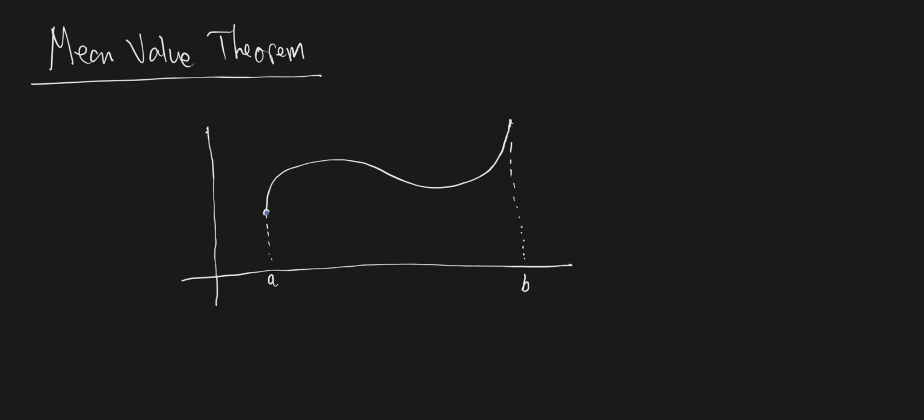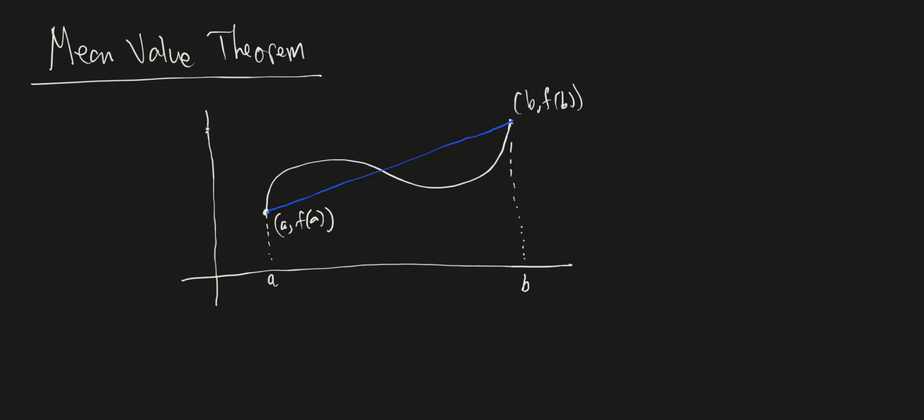The secant line is right here. In terms of ordered pairs, this point is (a, f of a), and this point is (b, f of b).